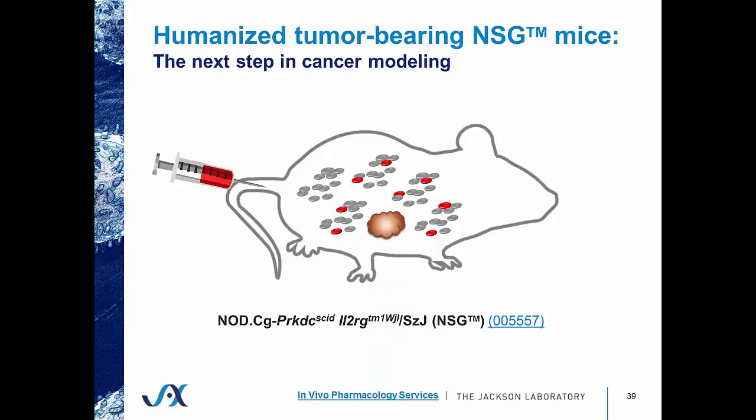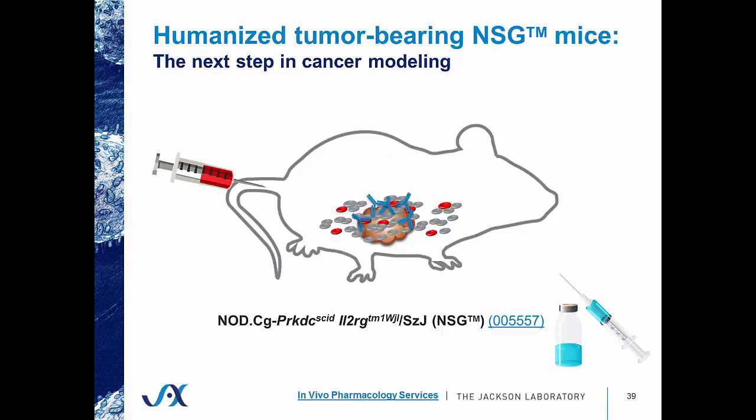You can then engraft a tumor. That tumor will grow, and this serves as the perfect platform for testing an anti-cancer drug. In this particular example, it's a monoclonal antibody that targets the tumor and mobilizes the human immune system to mediate anti-tumor immunity.